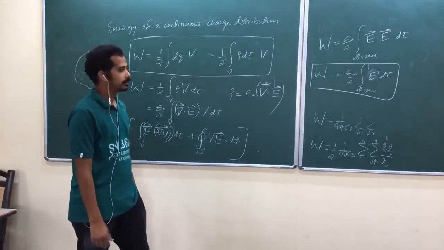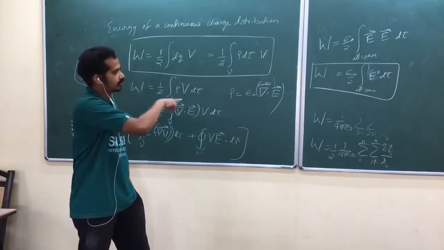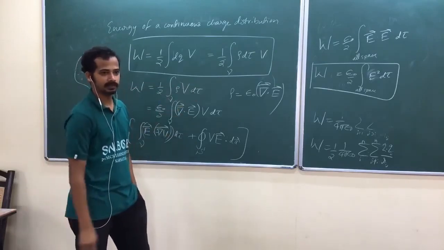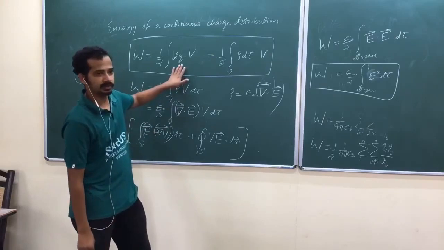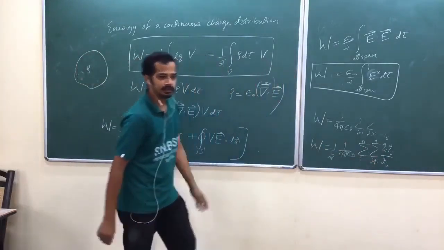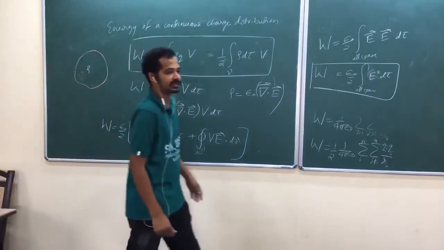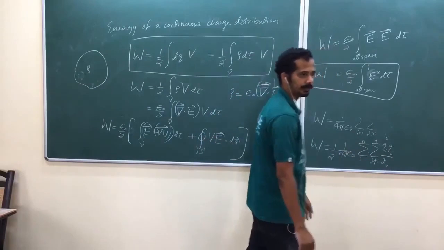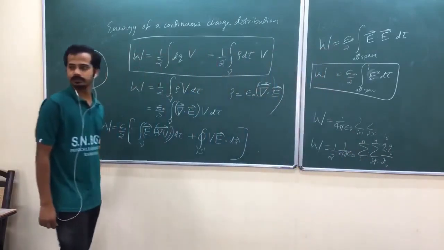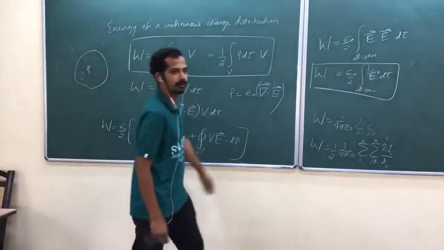Now the question is whether your energy is stored in the form of charge or in the form of field. When you see this one, it seems like energy is stored in the form of charges, am I right? You have charges in space. But here, it looks like energy is stored in the form of field, am I right?